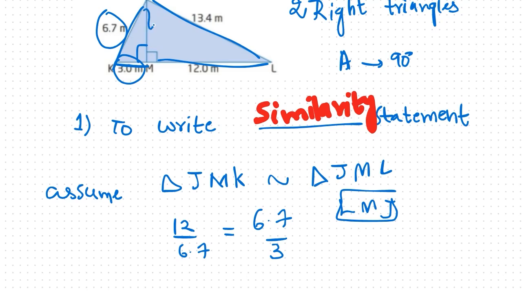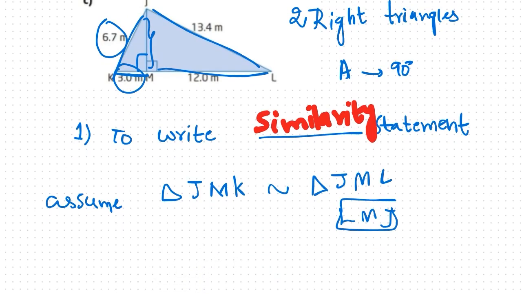Can you find how much this side is, JM? I could do hypotenuse over adjacent side, which is cosine. Well, we don't know the angles, right?